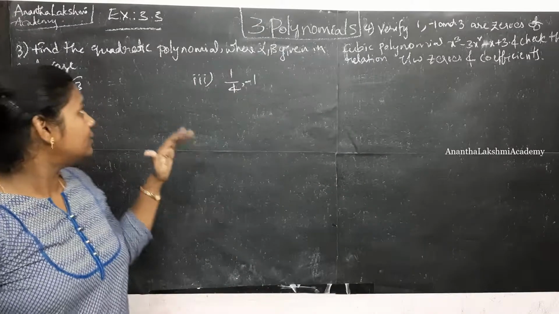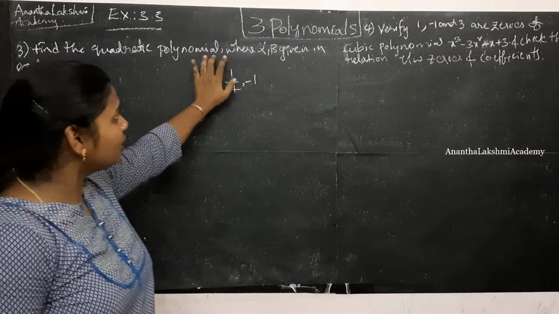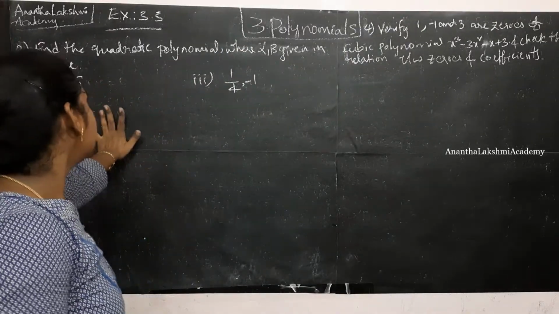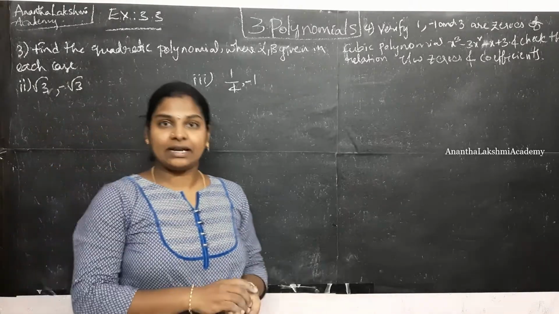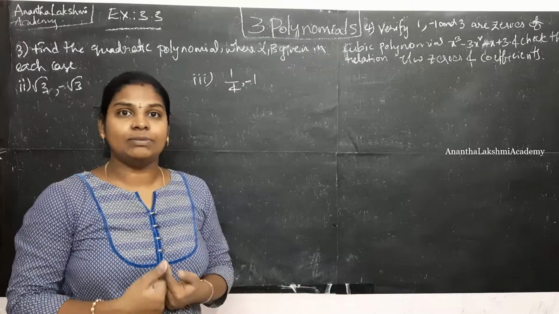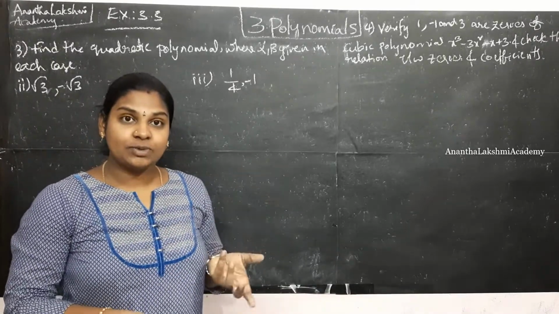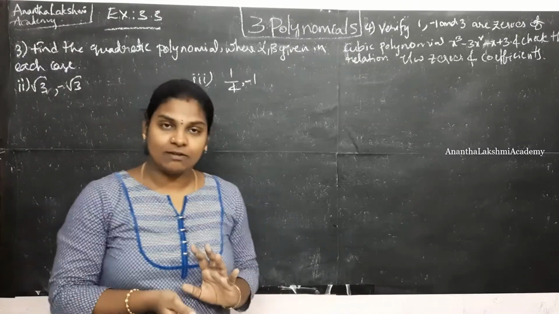Here we are ready with the third problem, wherein they are asking us to find the quadratic polynomial where alpha, beta are given in each case. So if you have already gone through the concept, you will understand that when we assumed alpha and beta being the constants, how the expression was x square minus alpha plus beta into x plus alpha beta, right?